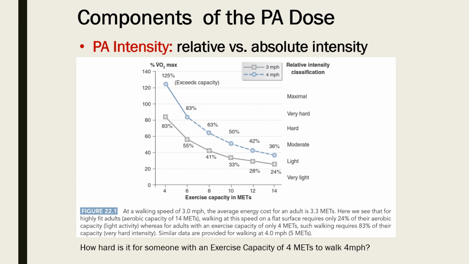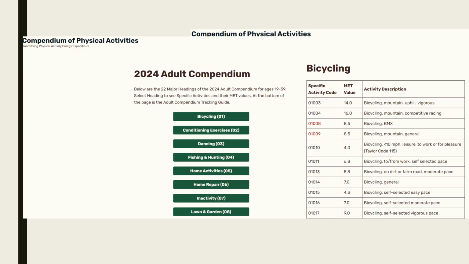In most experimental studies, especially in epidemiology, intensity is expressed as relative intensity. However, in large prospective cohort studies, intensity is typically expressed in absolute terms without adjustment for individual exercise capacity. This is a screenshot of the Physical Activity Compendium website. It lists hundreds of activities and their associated MET values, which are based on absolute intensity.